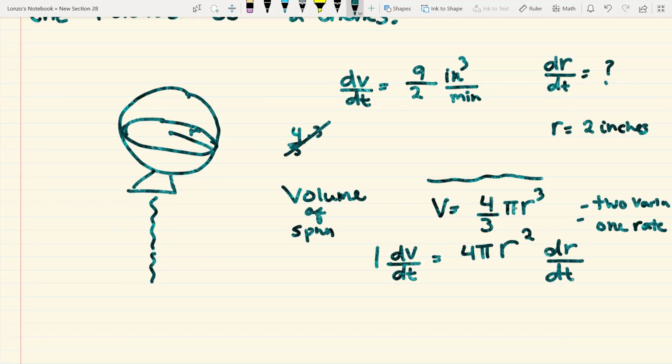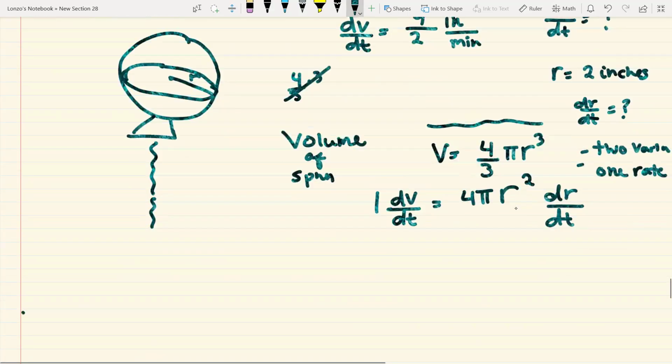Now you ask yourself, what are we trying to solve? Well, we have a dV/dt, which is 9/2 inches cubed per minute. So we're most likely going to solve for dr/dt. Maybe before getting rid of this 4 pi r squared, we can clean this up.